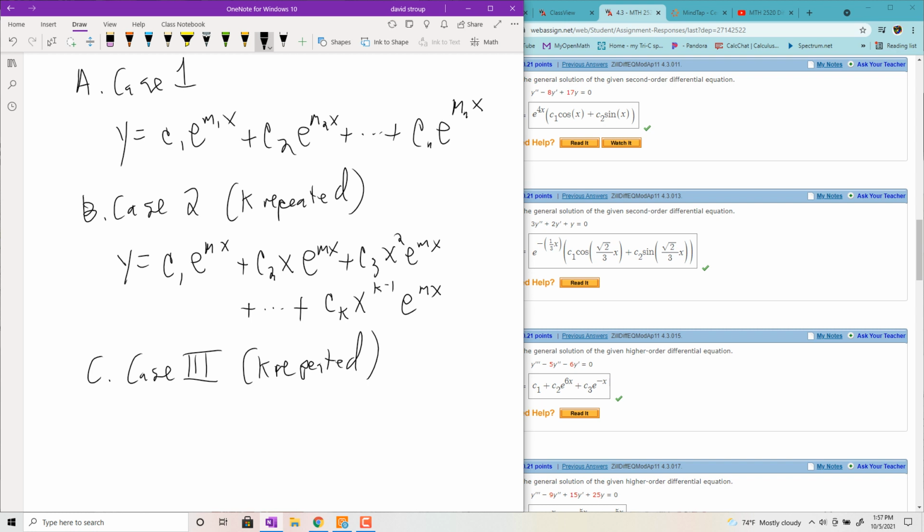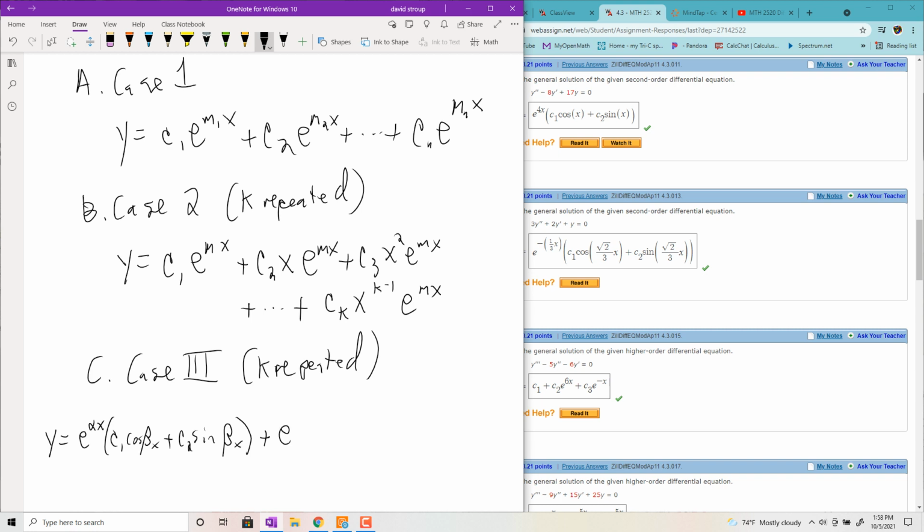With imaginary roots, they always come in conjugates. So let's try this. We have y equals e to the alpha x times c1 cosine beta x plus c2 sine beta x. Then you'll have plus, you just tack an x in there, right?